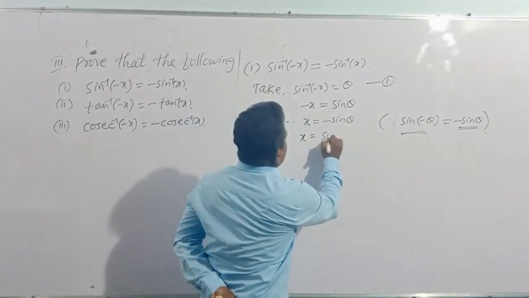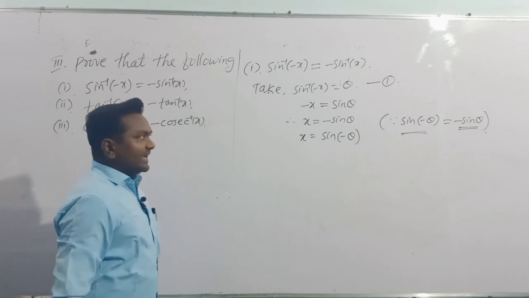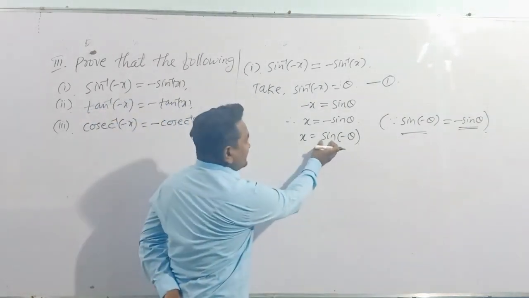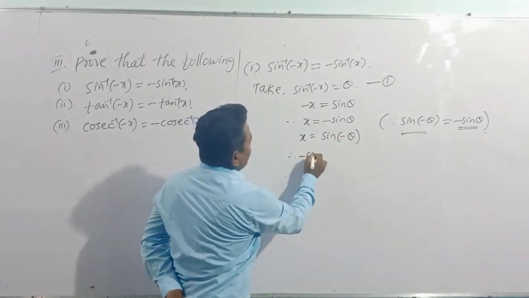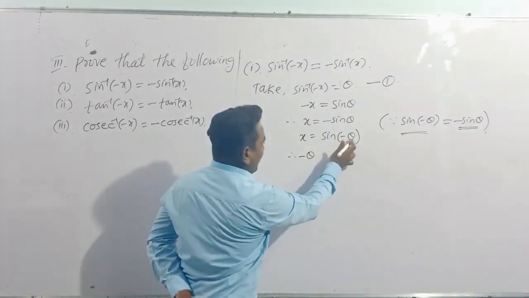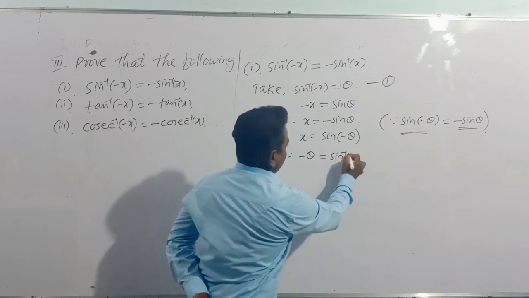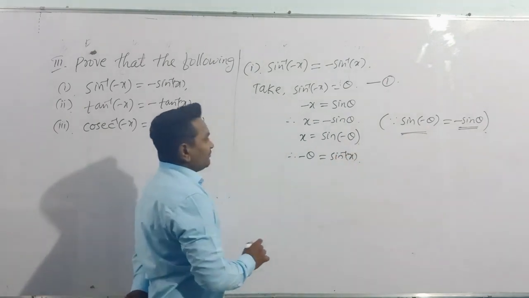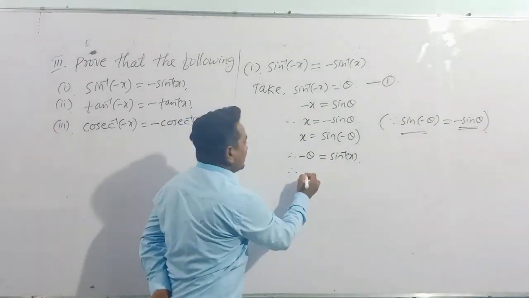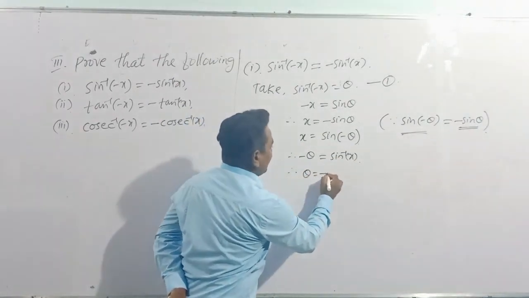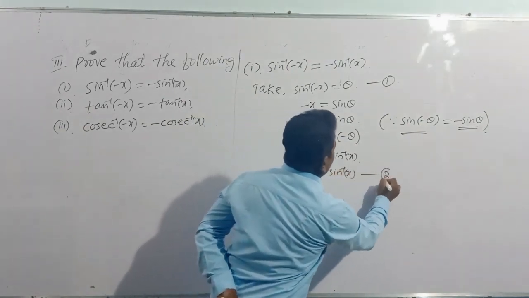Now again, this sin function moves to the left-hand side and becomes sin inverse: minus theta equals sin inverse x. Finally, minus theta equals sin inverse x means theta equals minus sin inverse x. Take it down as equation number 2.